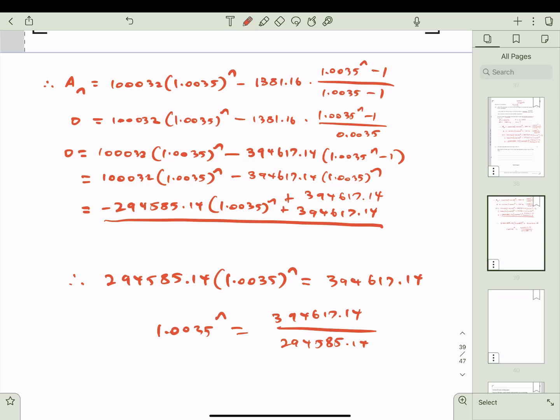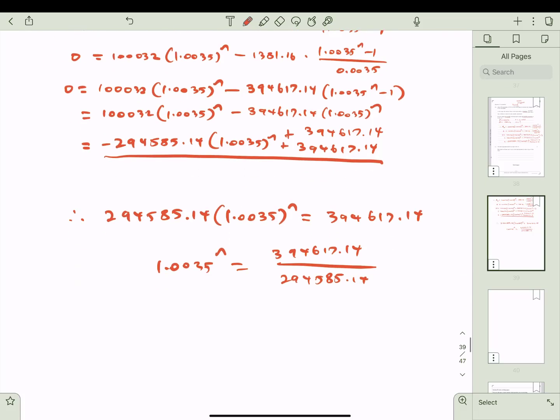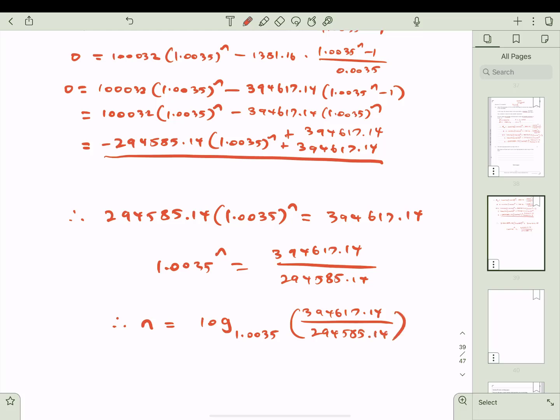And from here, we can finally use logarithms. So therefore, n is equal to log base 1.0035 of 394,617.14 over 294,585.14.